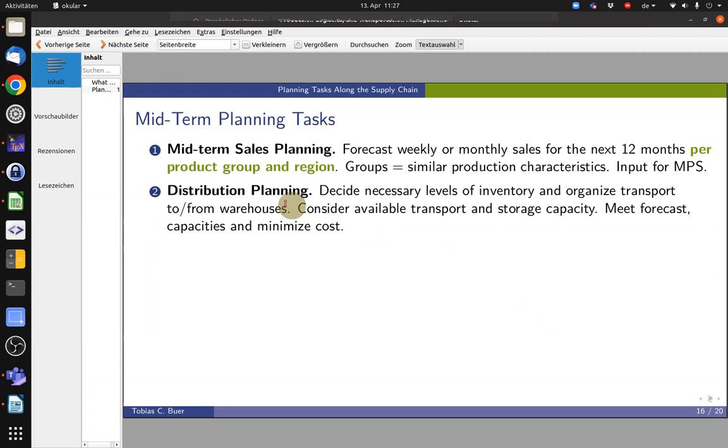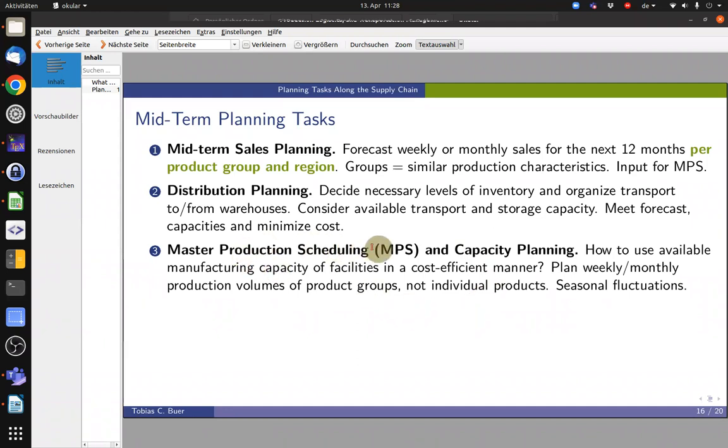In the distribution planning task, the company decides what the proper level of inventory is and how we could organize the transport between the warehouses, or from the warehouse to the customer, or from the factory to the warehouse. We consider our available transport strategy and the size of our warehouses.